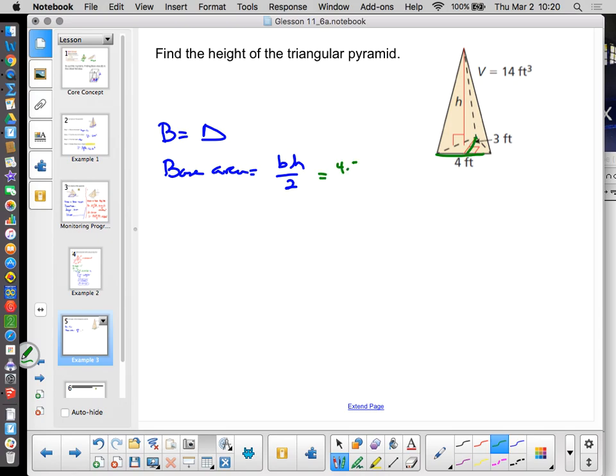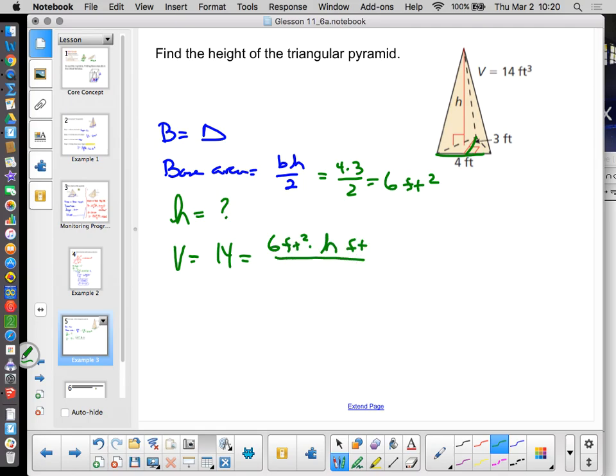So that's 4 times 3 divided by 2, or 6 feet squared. My height is unknown. My volume is 14, which is base area times height, which is unknown, divided by 3.